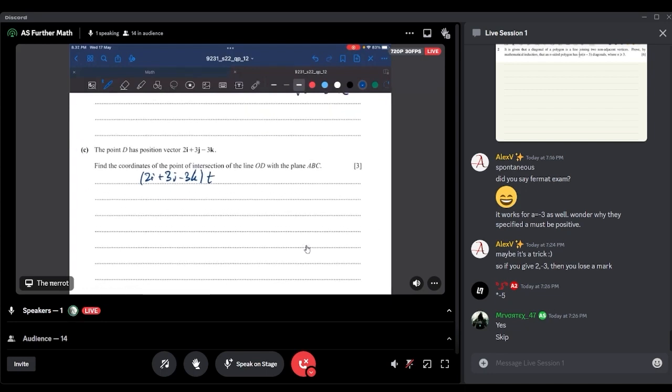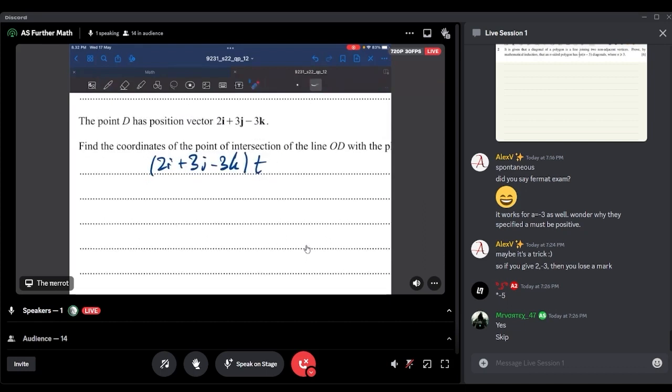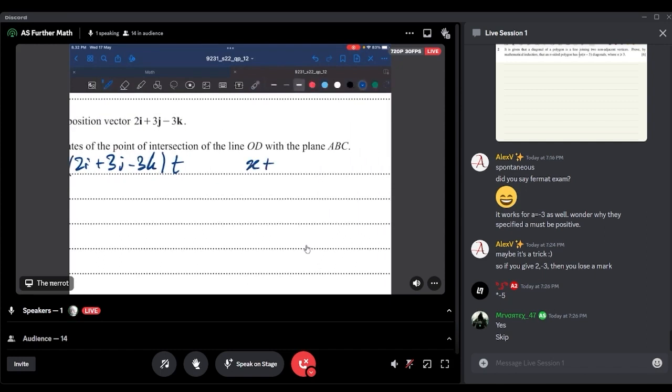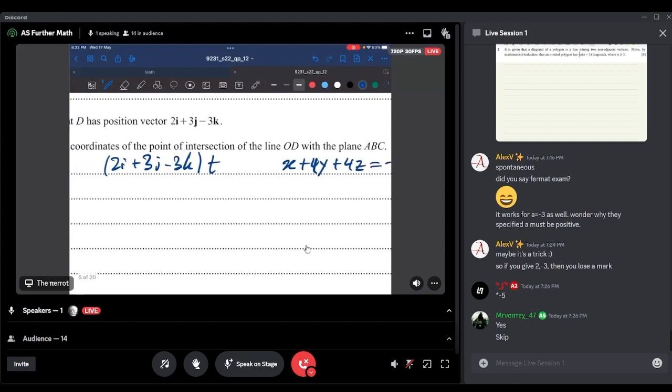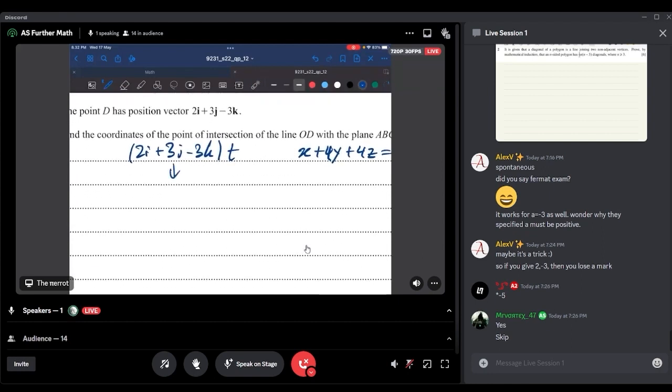And so when does it intersect the plane? That means these coefficients must satisfy the Cartesian equation of the plane. Just to remind you guys, this is the Cartesian equation, like that. And let's expand this. So we have 2t i plus 3t j minus 3t k.